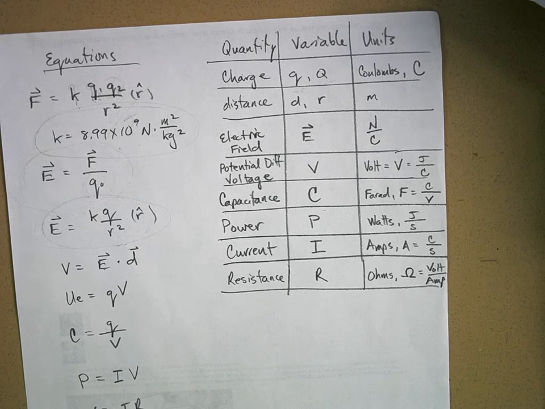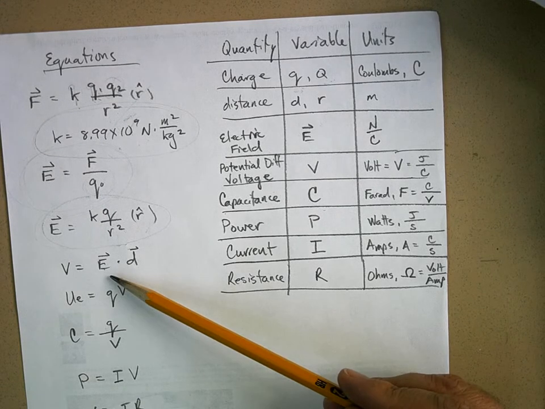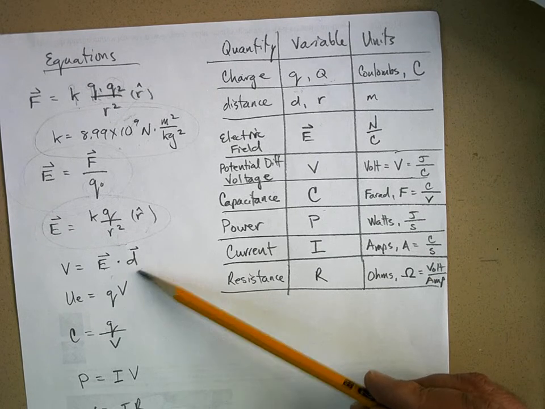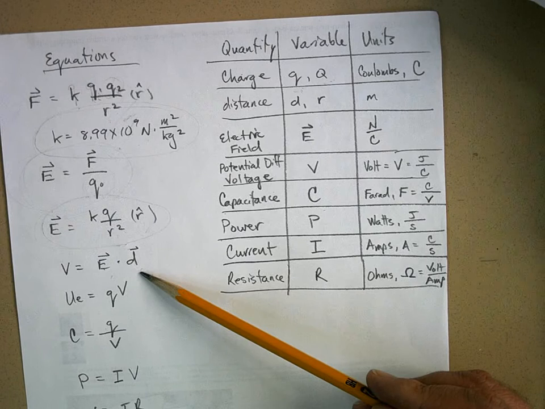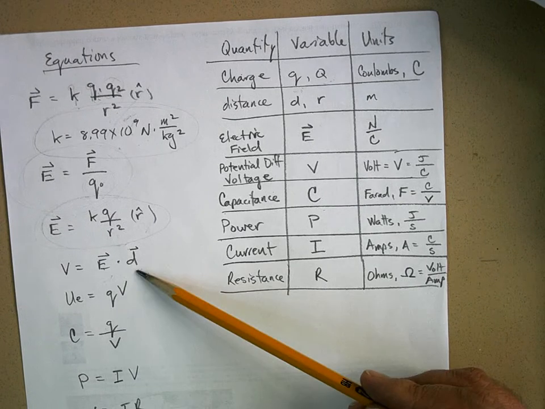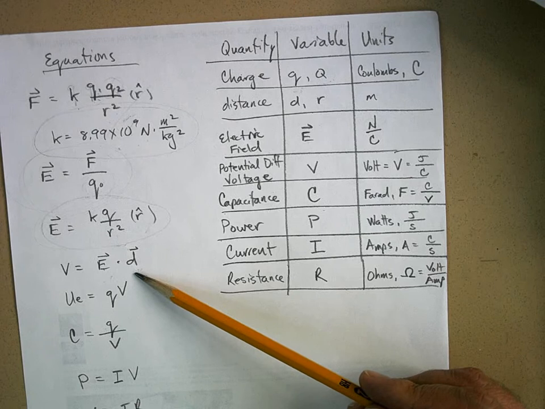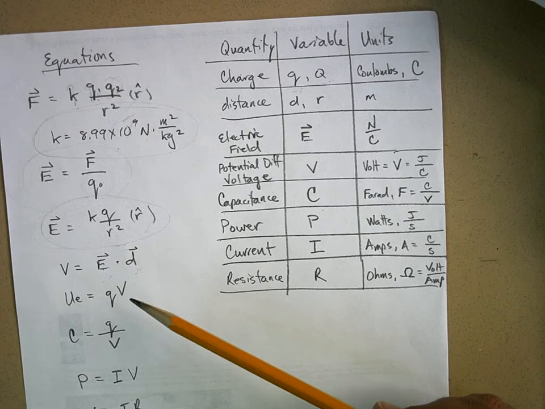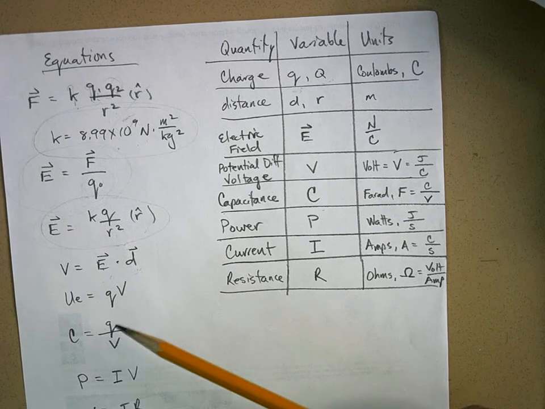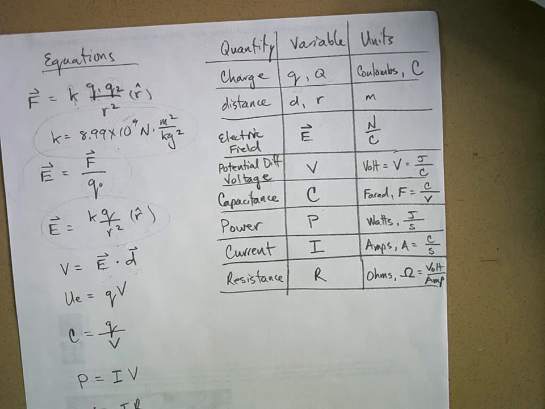If I have a charge that's in an electric field, and I move that charge in the electric field through a certain distance, or displacement really, I get what we call a voltage. I have a potential difference. That's potential energy per unit charge. It's the amount of work per unit charge I have to do to push a charged particle in an electric field.